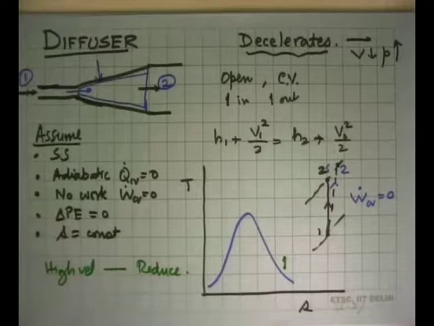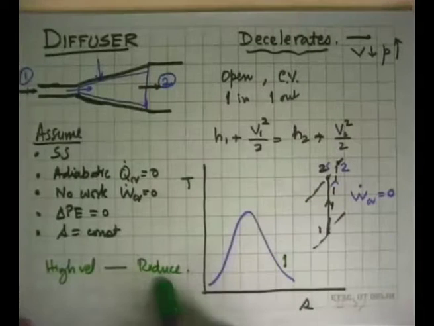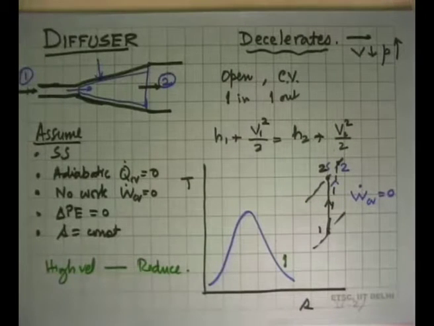One of the places where such a device is used is the exhaust of a turbine, where as the gas goes through and expands, its velocity also increases, but we cannot increase the area so much that the velocity can be kept low. So the exit velocities are high, and if we want that kinetic energy to be recovered for some purpose, we can put a diffuser there, recover some of that energy, and then throw the gas out.